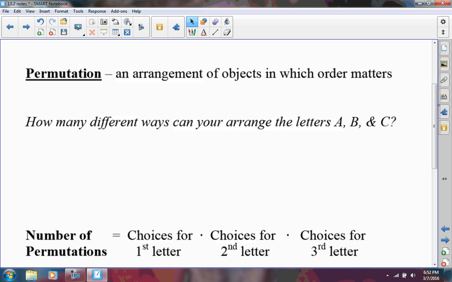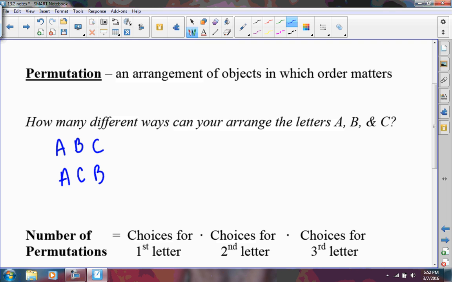Let's just call those pictures A, B, and C. So we could hang picture A first, and then we could hang picture B, and then we could hang picture C. Or we could hang picture A first, and then hang picture C, and then picture B. Or we could hang B first, and then A, and then C. Or we could do B first, and then C, and then A. Or C first, and then A and B. Or C, and then B, and then A. So those are our possible arrangements.